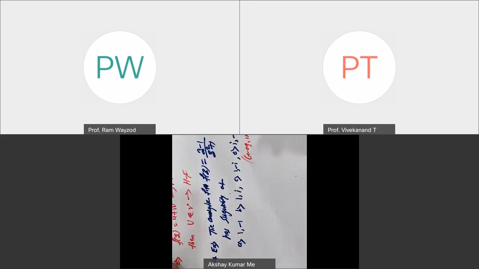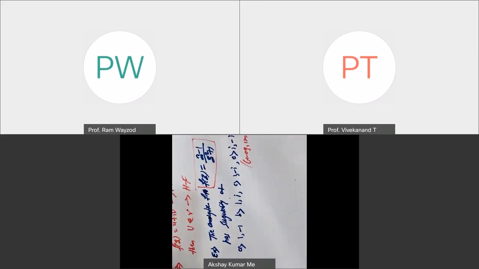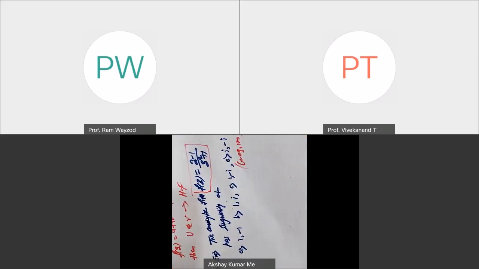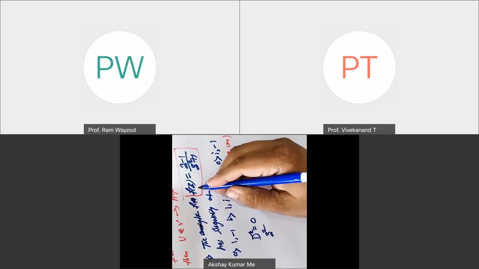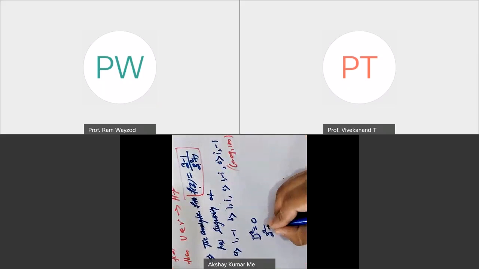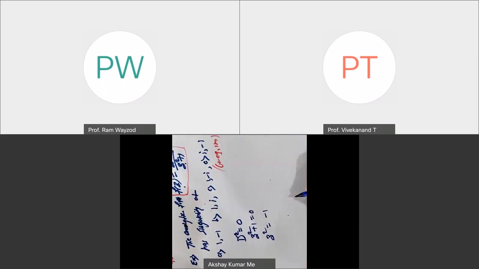So here we have the function defined as z minus 1 upon z square plus 1. For singularity we put the denominator equal to 0. The denominator of the function of z is z square plus 1, then z square is equal to minus 1.